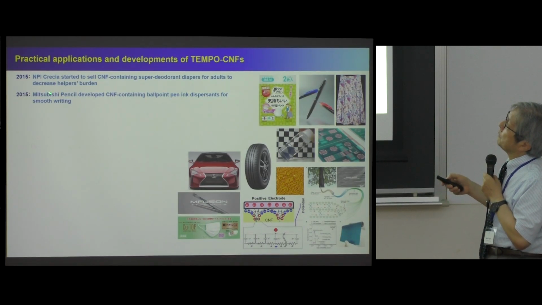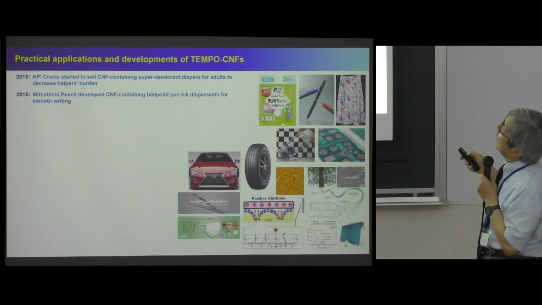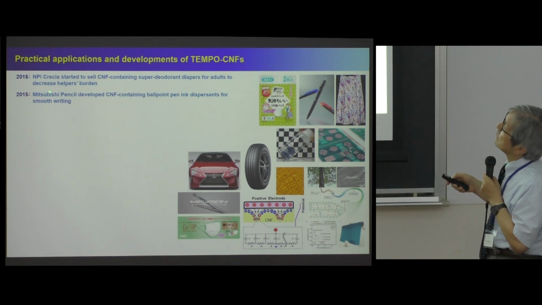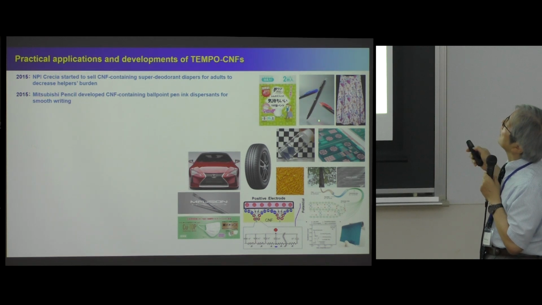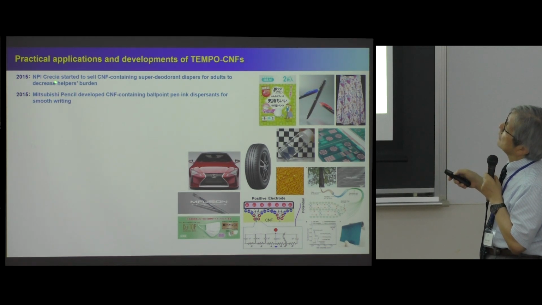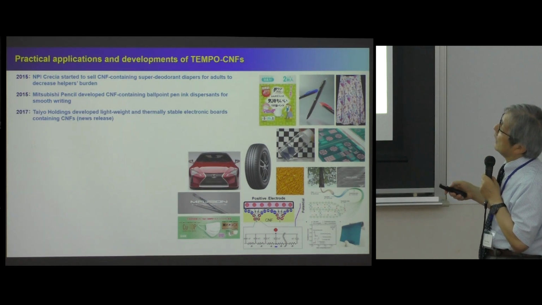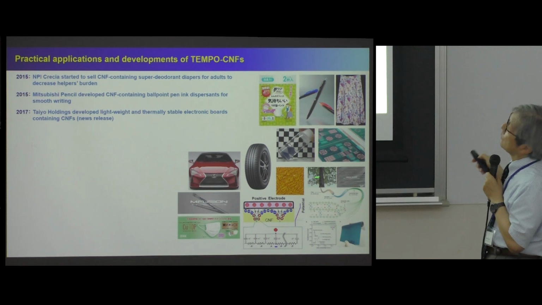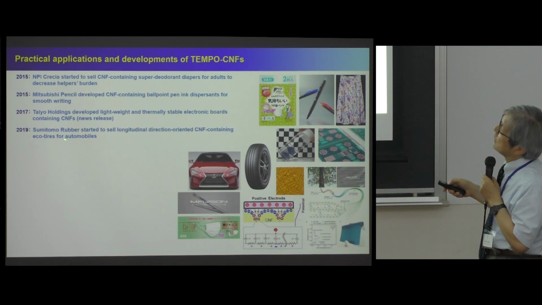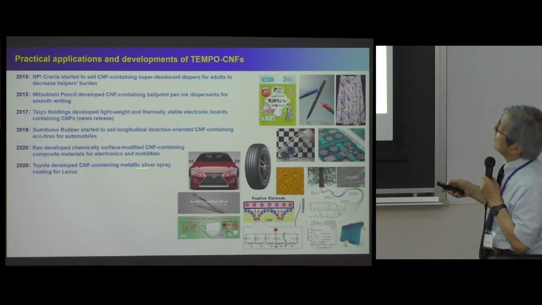And Nippon Paper Industries Crecia already reported this super deodorant diaper for adults to decrease helpers' burden. And Mitsubishi, I explained this one. Mitsubishi Pencil developed the CNF-containing ballpoint pen with smooth writing, and the Taiyo Holdings, this one, and Sumitomo Rubber, this tire, and the Kao Company, this one, and Toyota.